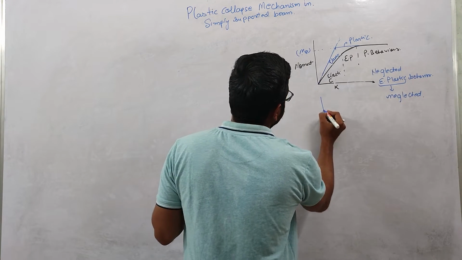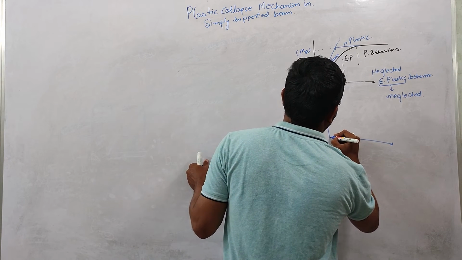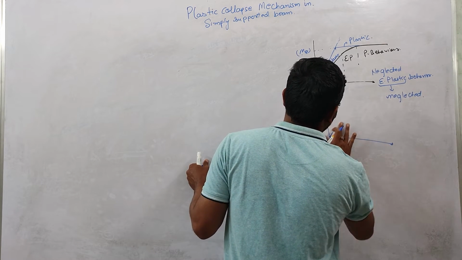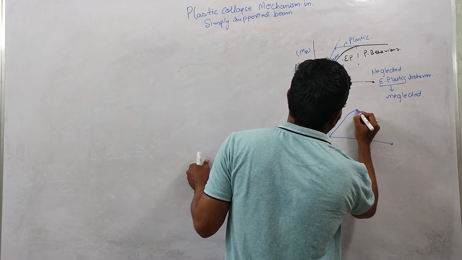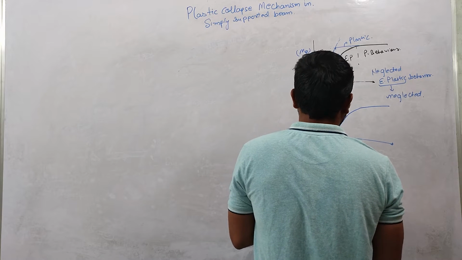Corresponding to this we will be having some load displacement curve, and it will look like this. Again, the actual diagram will be like this, and again we will idealize this diagram.